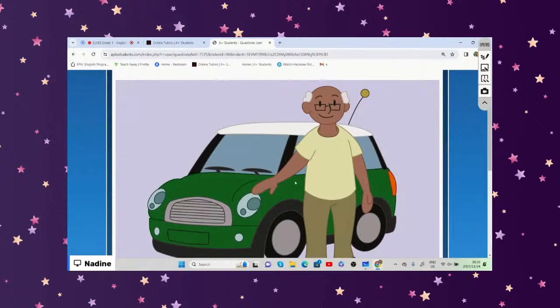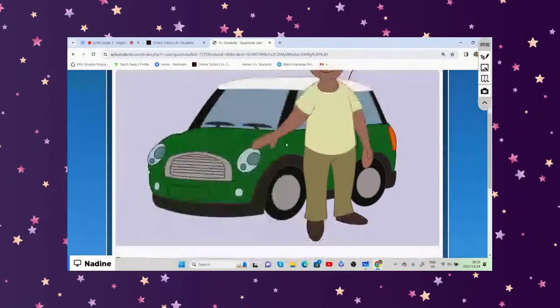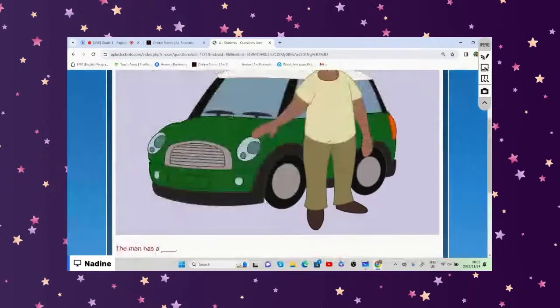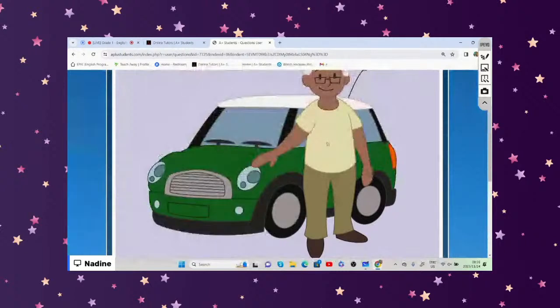If we look at this picture, right, the man has a what? Is it a car, a bike, a horse, or a donkey? So the man has a what?